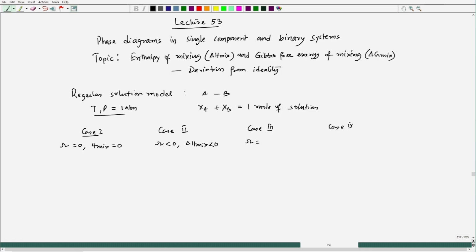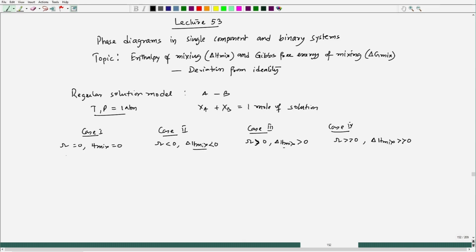Here, when I am writing a negative value of del H mix, it is a small negative. Similarly, in case 3 omega is greater than 0 and del H mix is small positive, and in case 4 omega greater than 0 and del H mix greater than 0, that means it is a large positive.